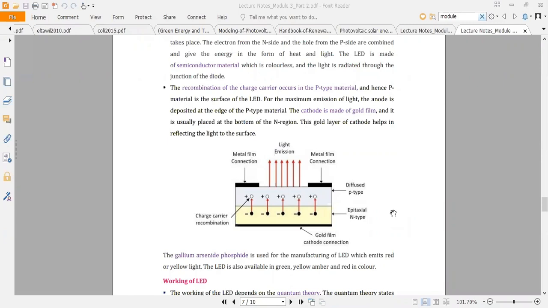If you use some other material in combination with this gallium arsenide phosphide, then a different color will also be produced. So it depends on us which color we want. But basically, we are using gallium arsenide phosphide for manufacturing of LED.